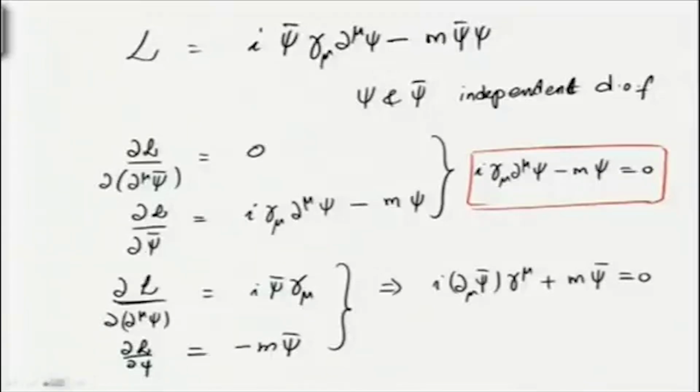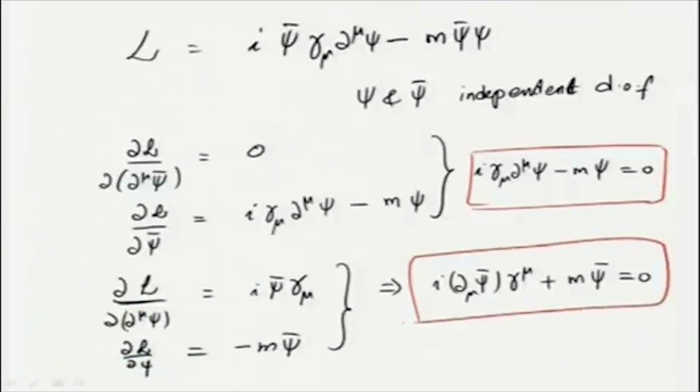Indeed, this is the conjugate equation corresponding to the above Dirac equation. So, we have the Dirac equation and the conjugate equation from this Lagrangian given here.